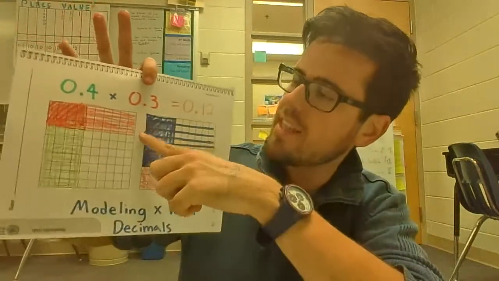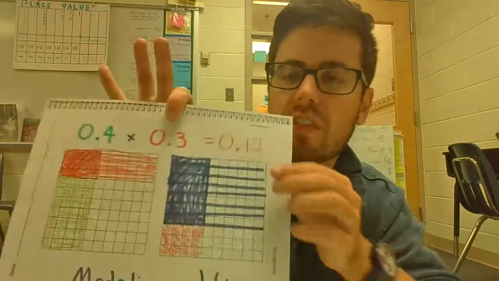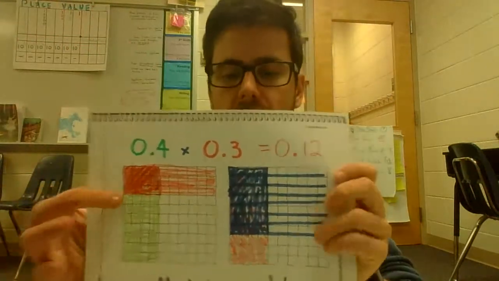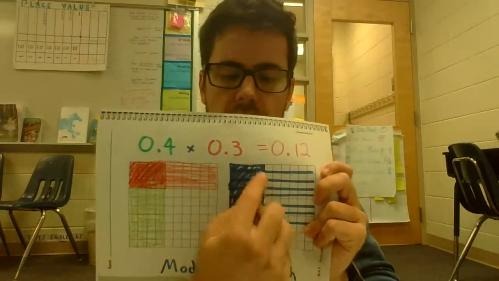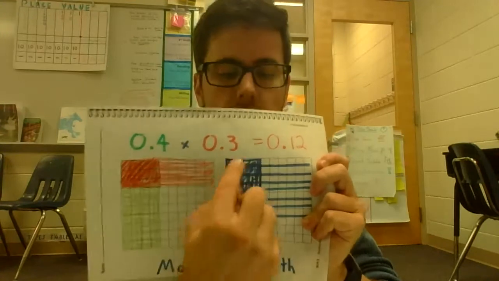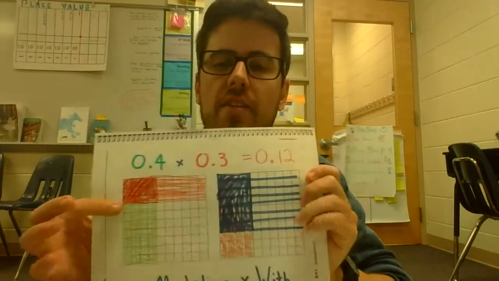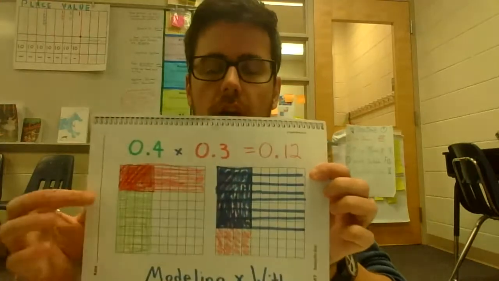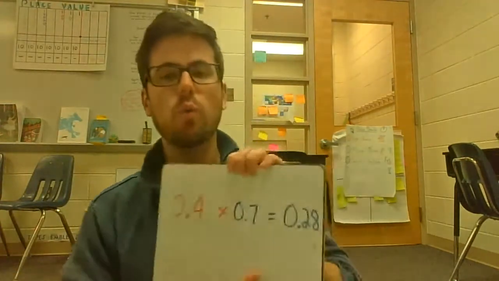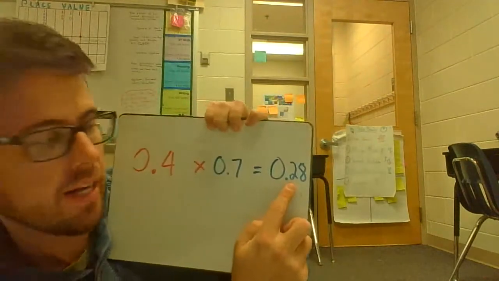Here you can see that I've boxed in where both of the numbers overlap. Now, if I count up each one of those, there are 7 groups of 4, and I count all of those, there are 28 of our little hundredth blocks in there. So the solution that you should have got was 28 hundredths.